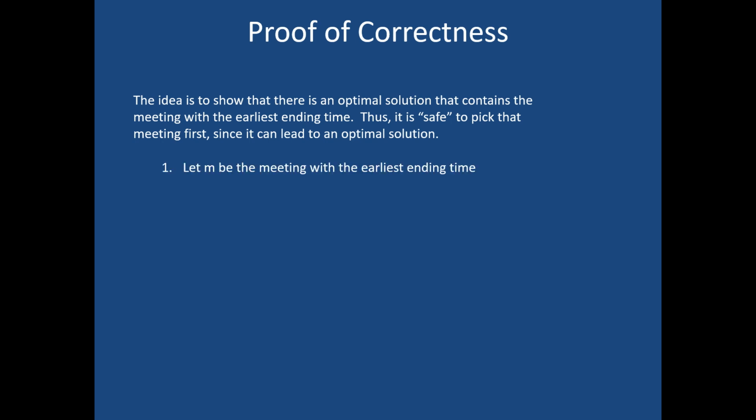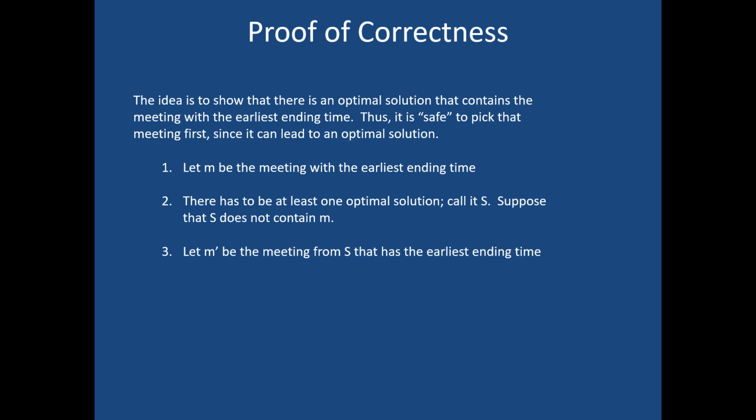So let M be the meeting with the earliest ending time. So there has to be at least one optimal solution. There could be more. There has to be at least one. Let's call it S. And suppose that S does not contain M. Well, some meeting in S, we'll call it M prime, has to have the earliest ending time that's in that set.